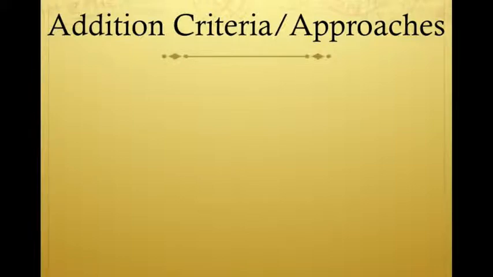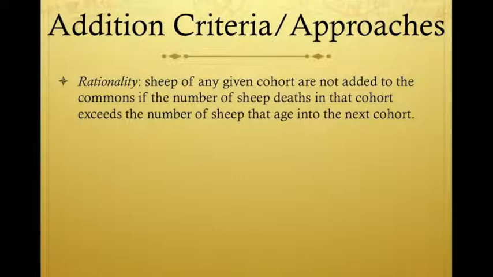Now let's look at the adding sheep criteria or approaches. Here, there's the criteria of the approach of rationality. The idea is that sheep of any cohort are not added to the commons if the number of sheep deaths in that cohort exceeds the number of sheep that age into the next cohort.